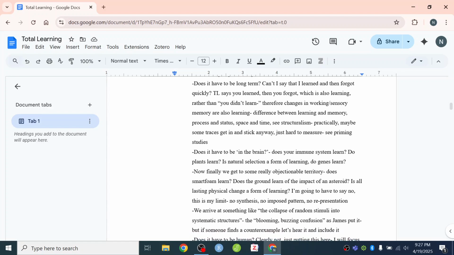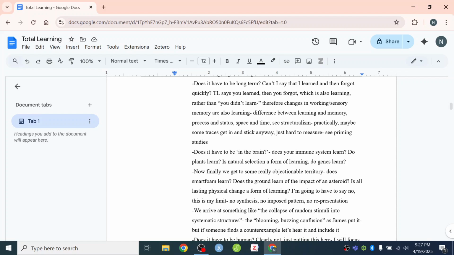And by walking down this path and trying to establish the broadest possible circle of learning, and by trying to put a definition onto what that broadest possible thing is, again, the older definition being a change in long-term memory, we now arrive at something like the collapse of random stimuli into systematic structures.